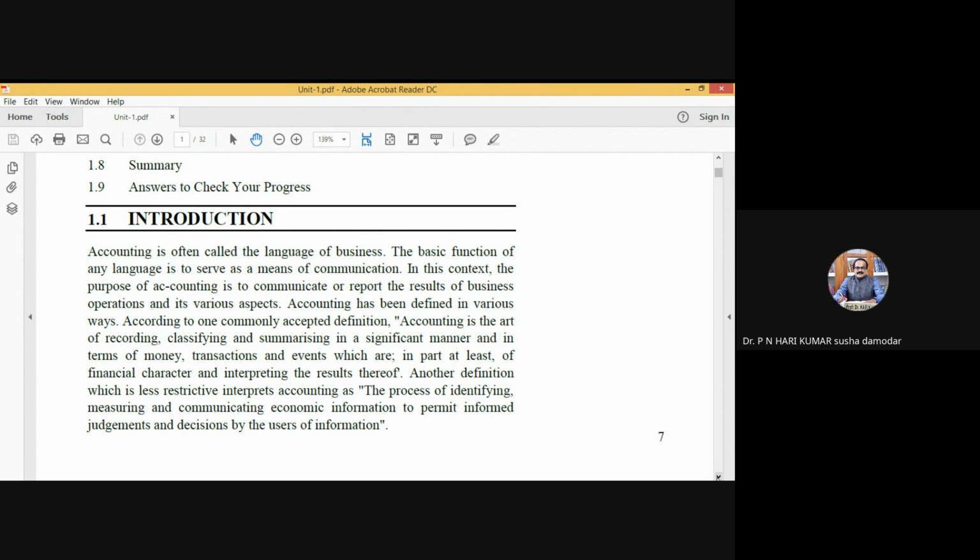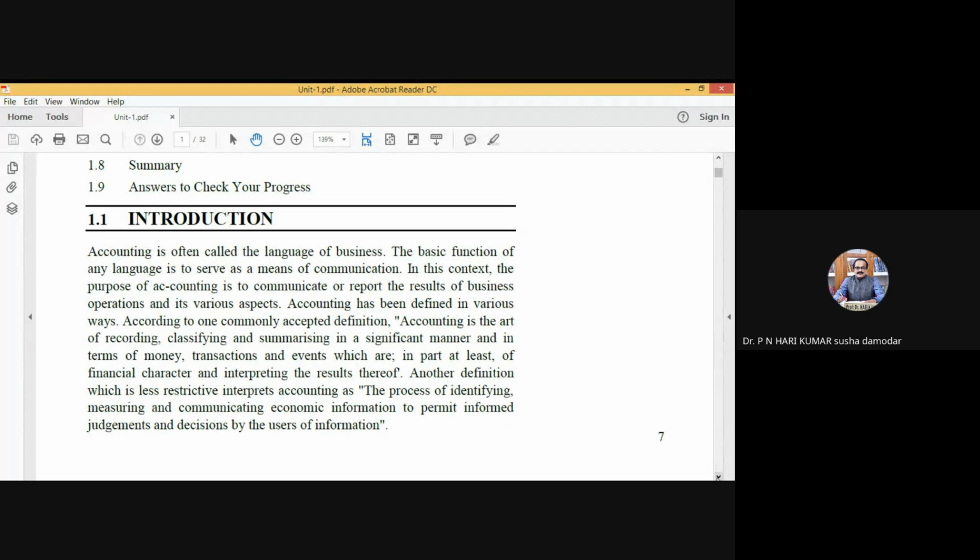The process of identification of certain transactions which involve money. There is a measurement. And finally, communicating economic information to permit informed judgments and decisions by the users of information.